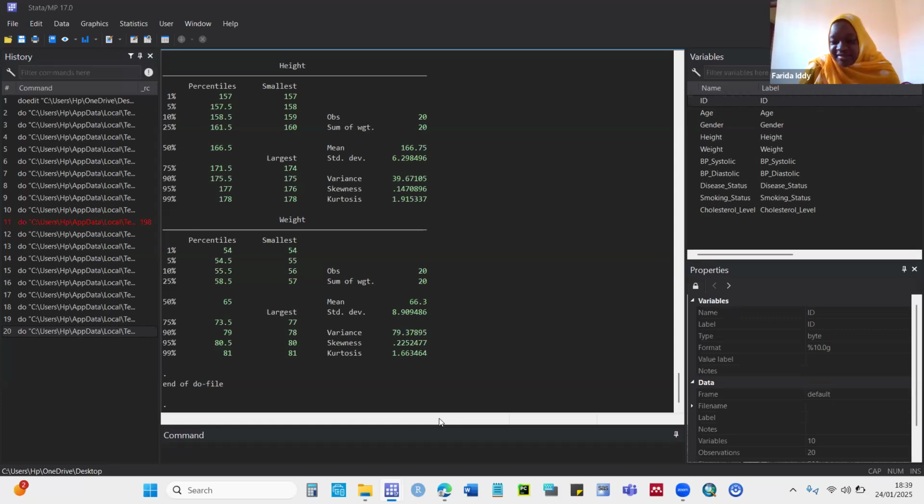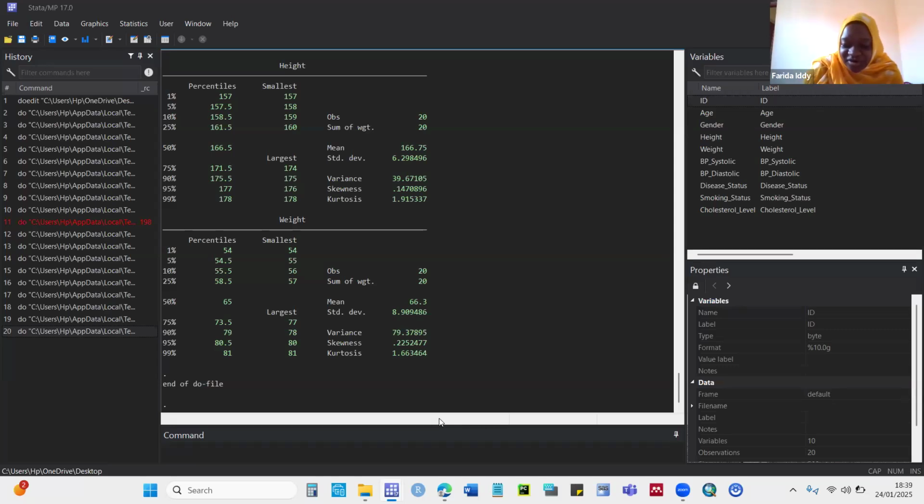But if the intervention has impact, then what is the direction? Is it going to increase this diastolic blood pressure, or is it going to reduce it? If it is going to increase, and for us to say this intervention is working, why am I saying it to be on the negative side?